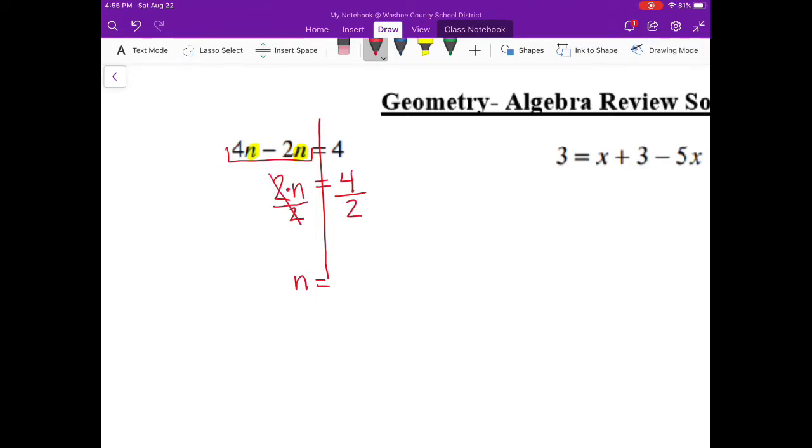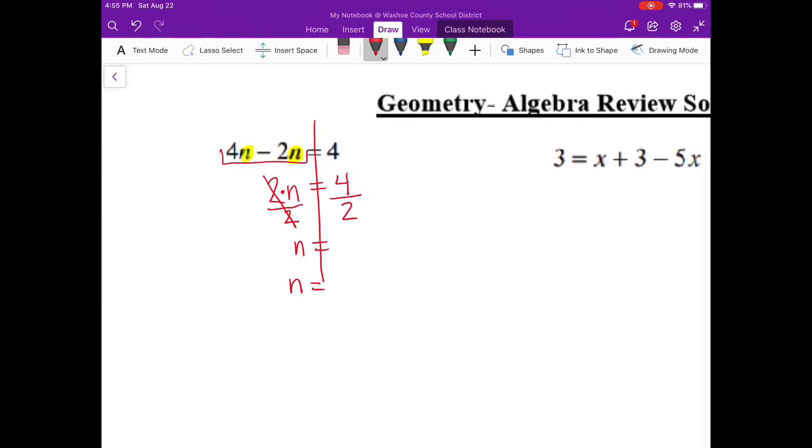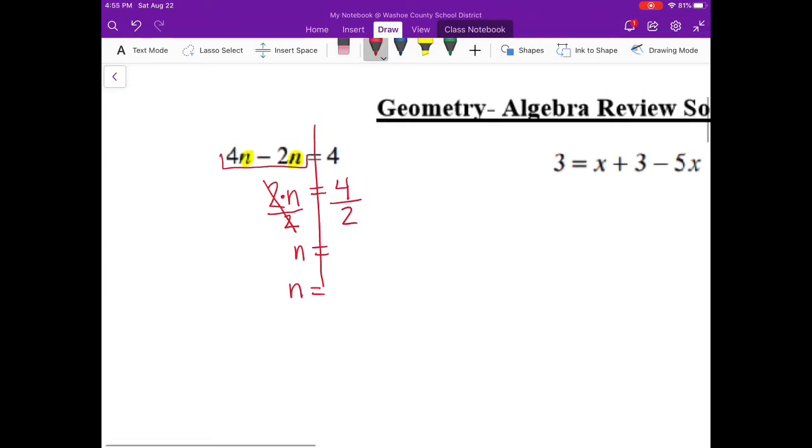The goal here is that this is going to cancel because 2 divided by 2 is 1. So the only thing left over here is n. And then you do the operation 4 divided by 2, and you get 2. So then your final answer is going to be n equals 2, and you are done.